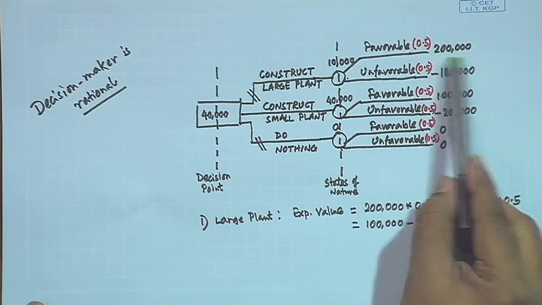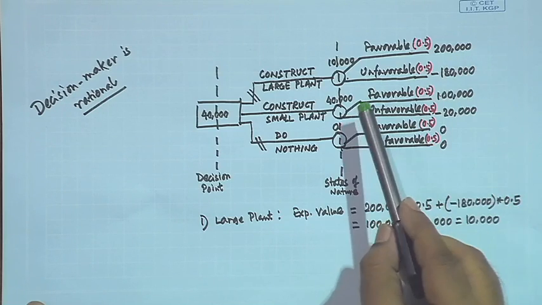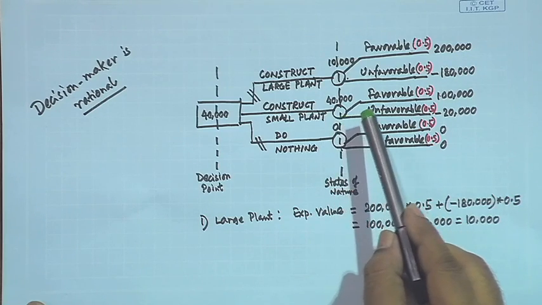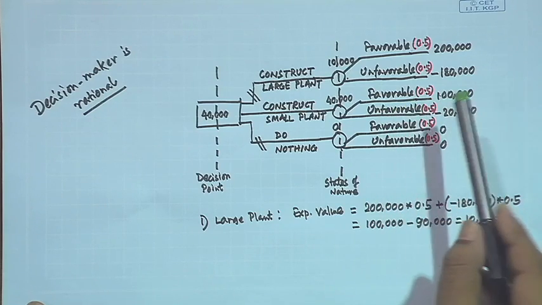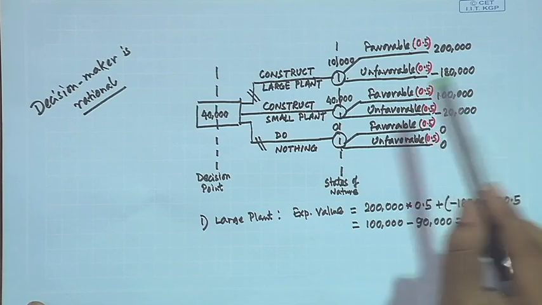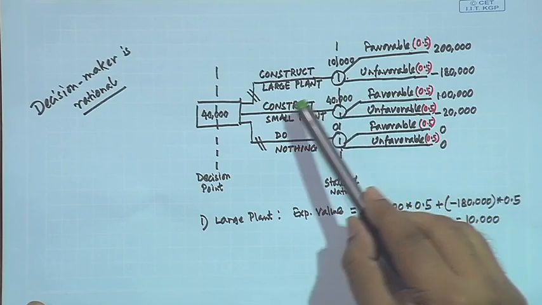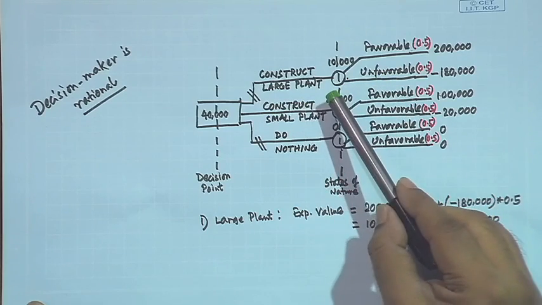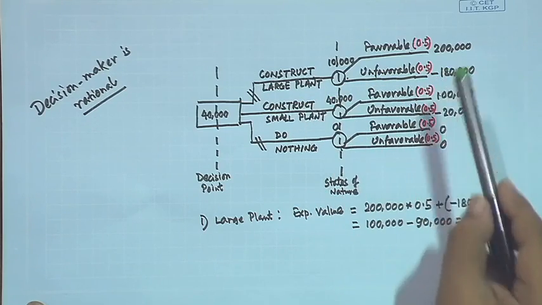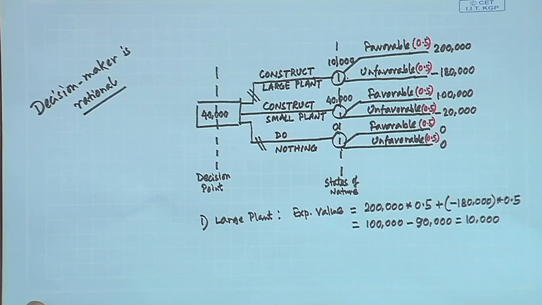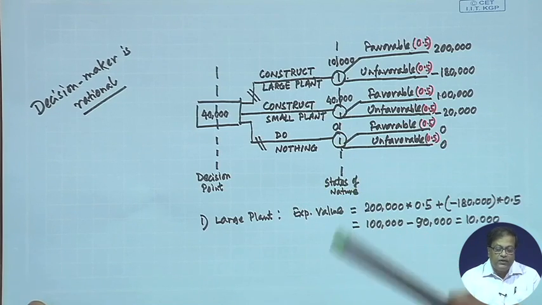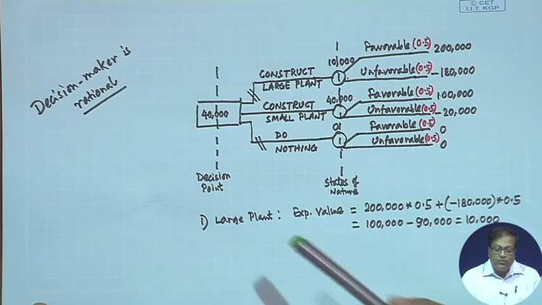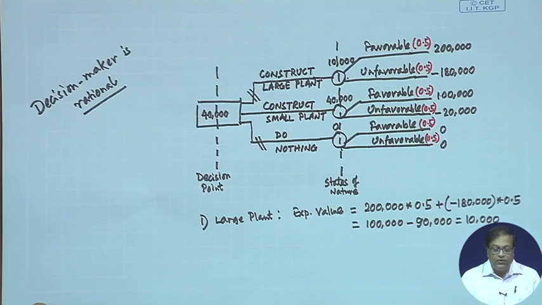So, we have definitely missed out there. We are happy with only 40,000, which can go to a maximum of 100,000 if the market is favorable, but it can lead to loss also. But suppose the market is favorable and we construct a large plant, we can get as high as 200,000. So, should we take a chance? That is the option before us.